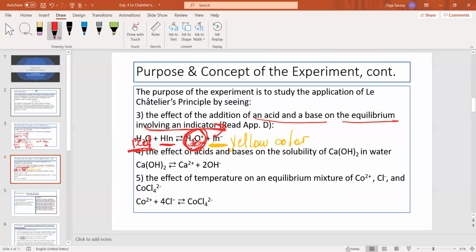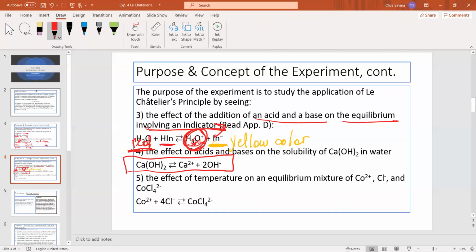Okay, next reaction. The effect of acids and bases on the solubility of calcium hydroxide in water. So here is our reaction, which is at equilibrium, which contains calcium hydroxide on the left side, and calcium 2 plus ion and 2 OH minus ions on the right side.